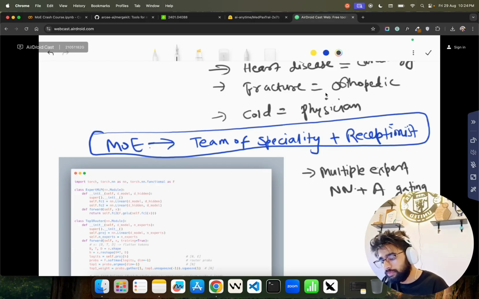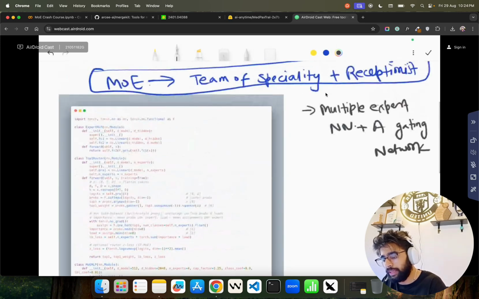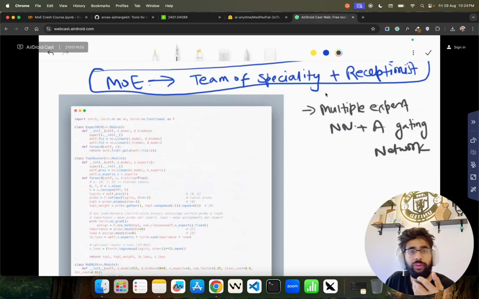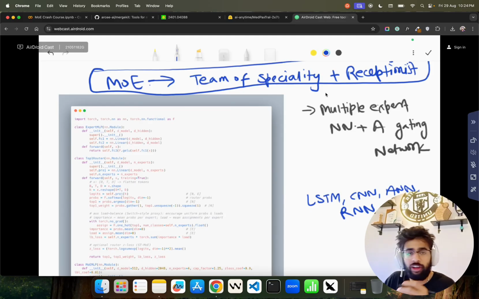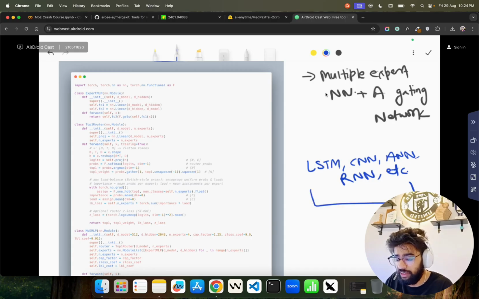So if I just come here and write that, okay, let me just write it here. We have a traditional giant neural network. Let's say earlier when we used to train LSTM or RNN, right? Earlier we used to train these models. Let's say earlier we had CNN, ANN, RNN, etc. Any kind of neural network, or even a simple perceptron, that we used to train as a giant neural network.